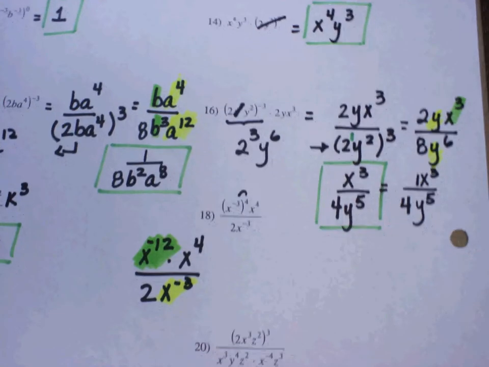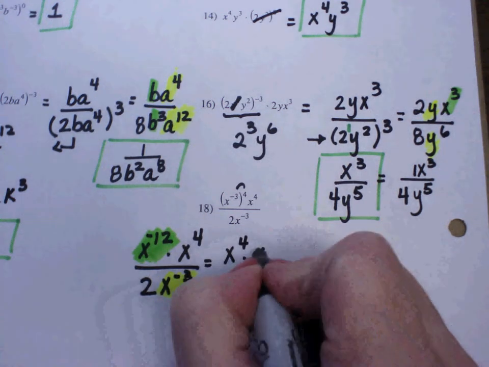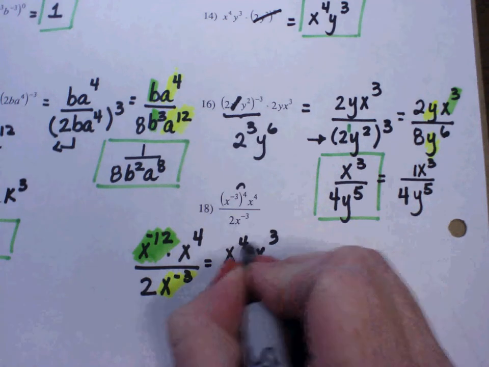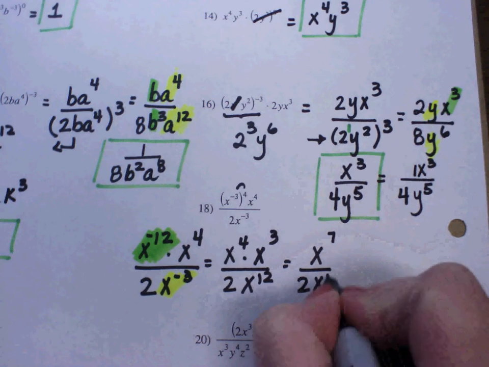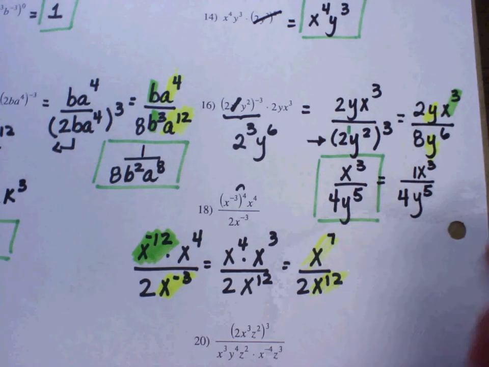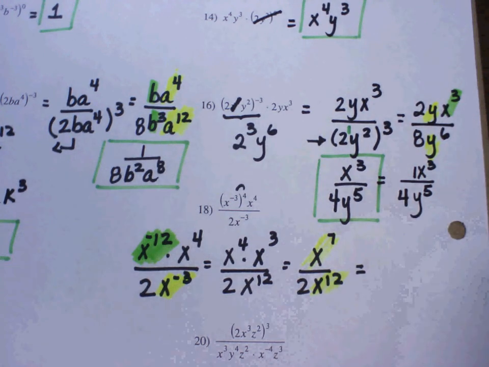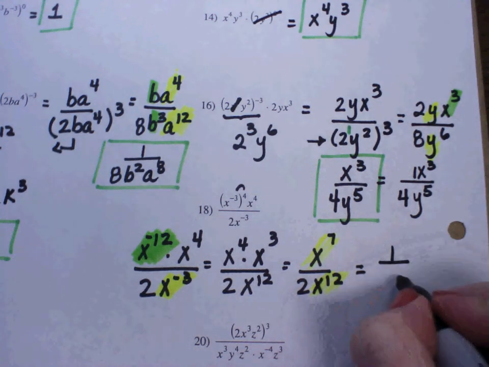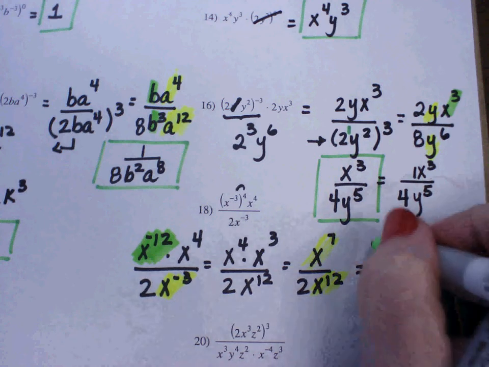All right, so x to the 4 times x to the 3, and then x to the 12. You're going to add those up. That's x to the 7 and x to the 12. Then quotient rule. And then 12 minus 7 would be 5. And you keep it at the bottom as your denominator, which means you have a 1 at the top. And there's your answer.